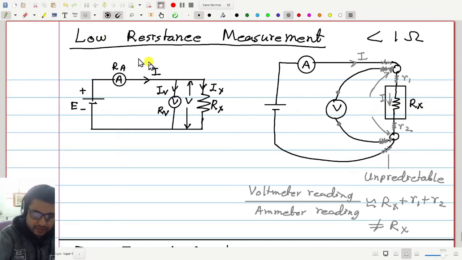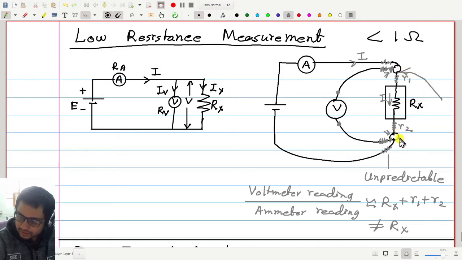Let me write it here. This is I multiplied with Rx plus R1 plus R2. Okay, so that is the problem.